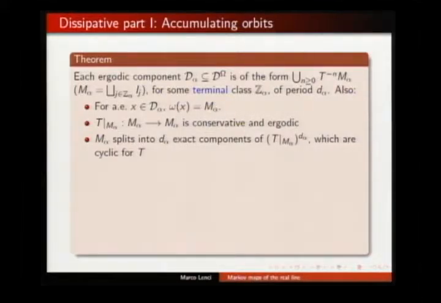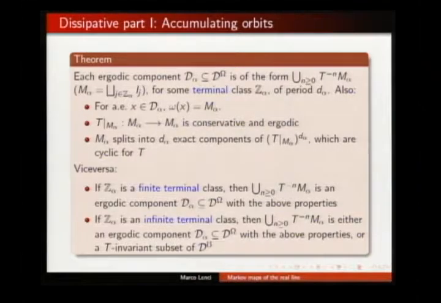But of course, you also have a basin of attraction. And, okay, once again, you have a vice versa. If you have a finite terminal class, so an essential class which has a basin of attraction, then this corresponds to an ergodic component within the first dissipative part with the above properties.